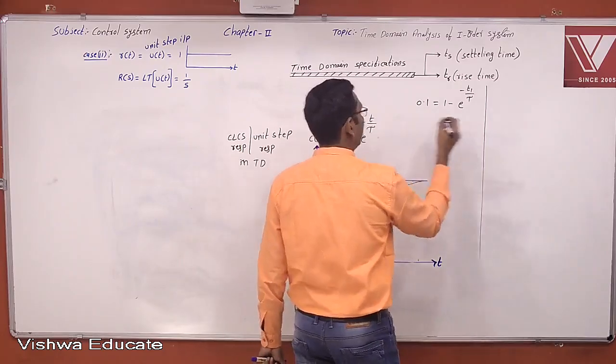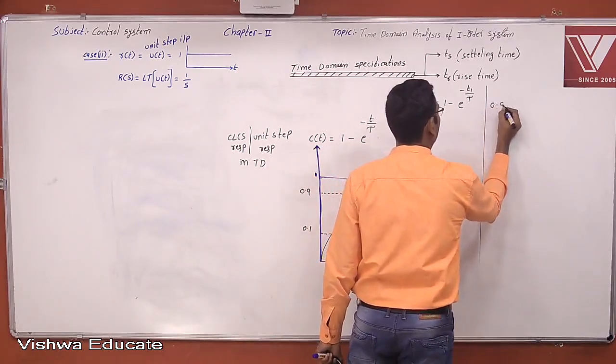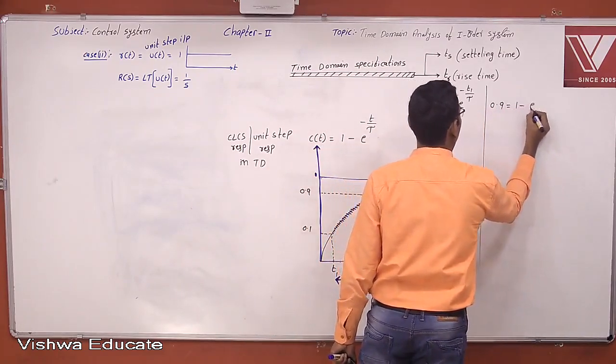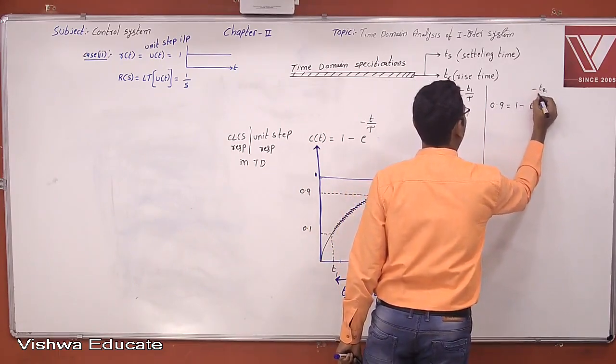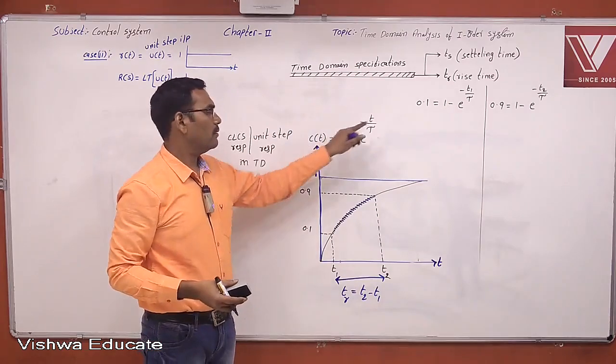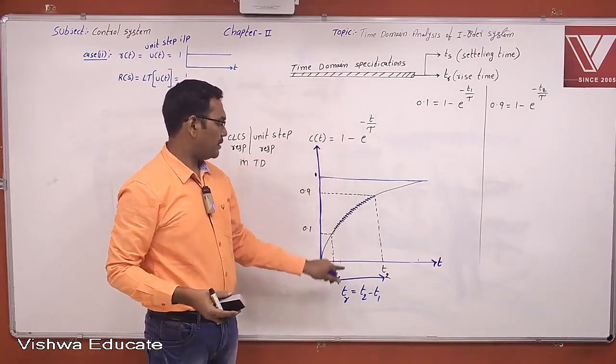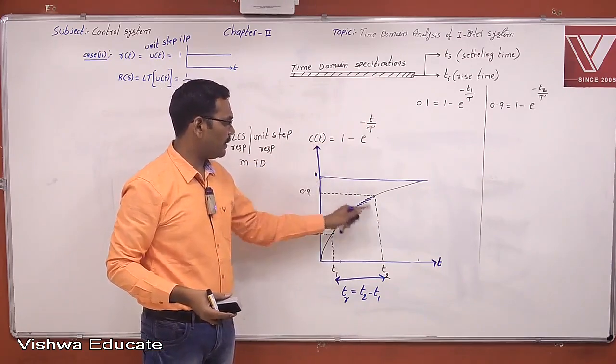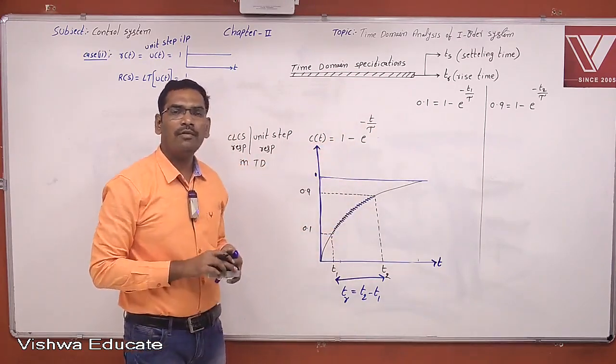At 10%, 0.1 equals 1 minus e power minus T1 by tau. At 90%, 0.9 equals 1 minus e power minus T2 by tau. The response is 10% at time T1, and 90% at time T2. Now find T1 and T2.